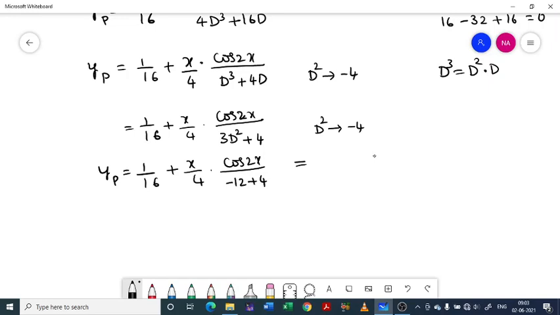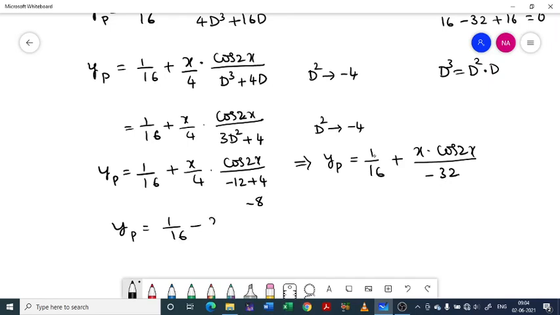So finally yp will be 1 by 16 plus x cos 2x divided by minus 32. So yp is 1 by 16 minus x cos 2x divided by 32.